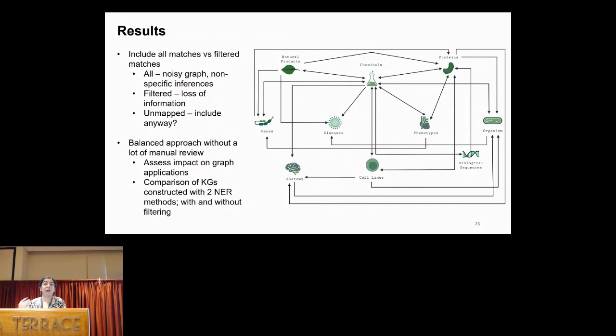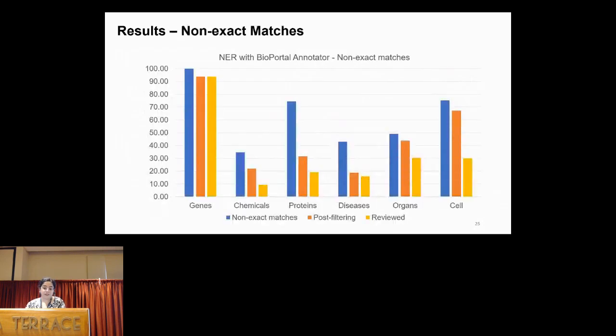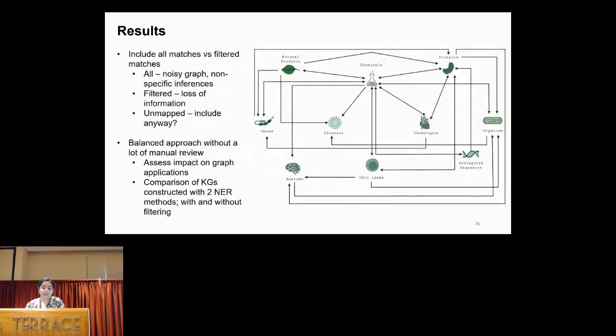It would have a lot of data, but it might lead to a noisy graph with non-specific inferences. We could use only the manually reviewed ones. Again, it might lead to loss of information because there are certain nodes that would just never make it into the knowledge graph. There's also an option of including everything that was not mapped at all, which certain studies have done just to not have that loss of information.